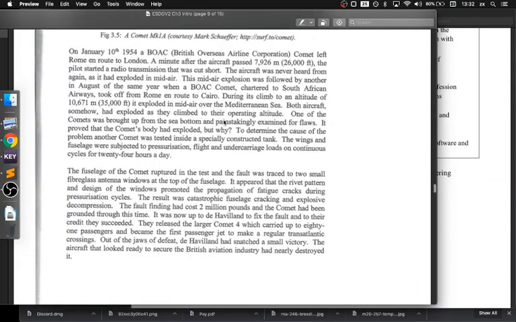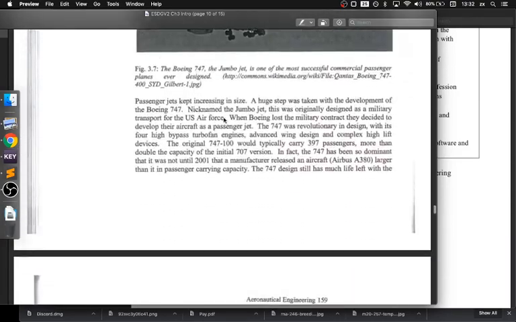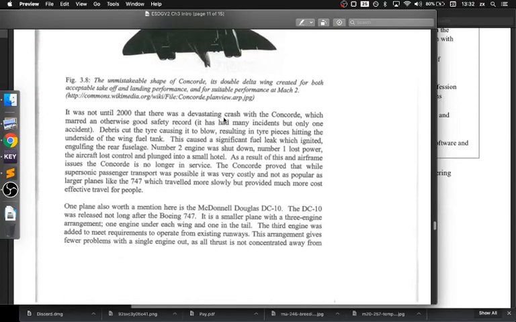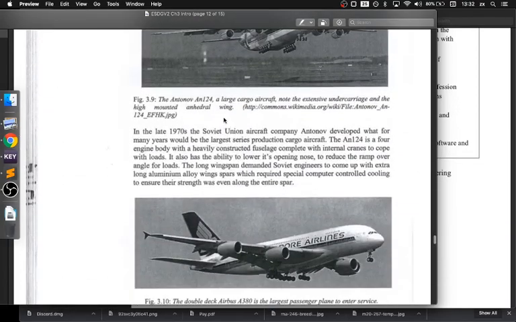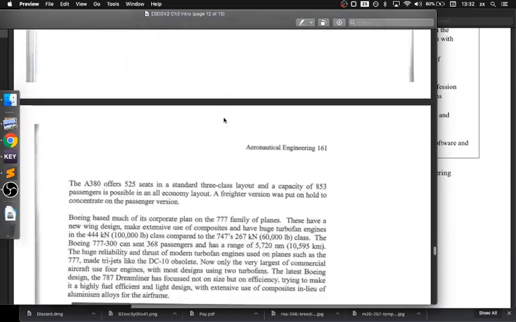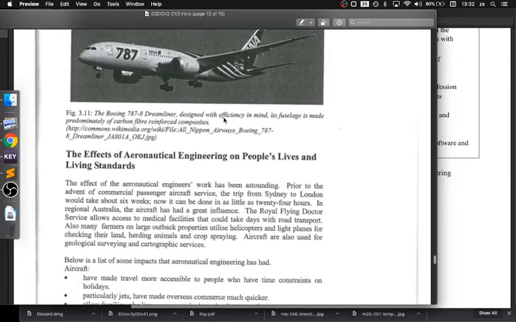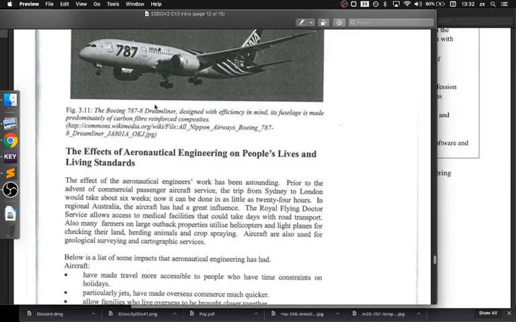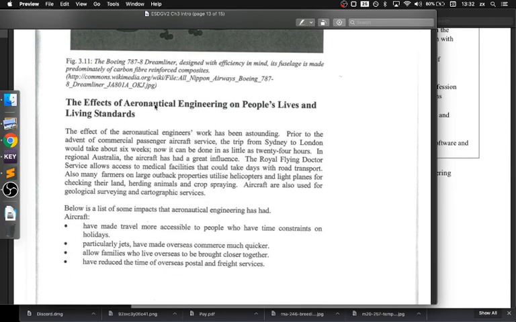In terms of aviation, we have jet aircraft, more jet aircraft, the 747, that's the important one. The Concorde we'll definitely talk about in terms of why it failed, and then really big planes developed by the Russians, and then the A380, which was also a failure. And then finally the Dreamliner, the 787, and why that was a success.